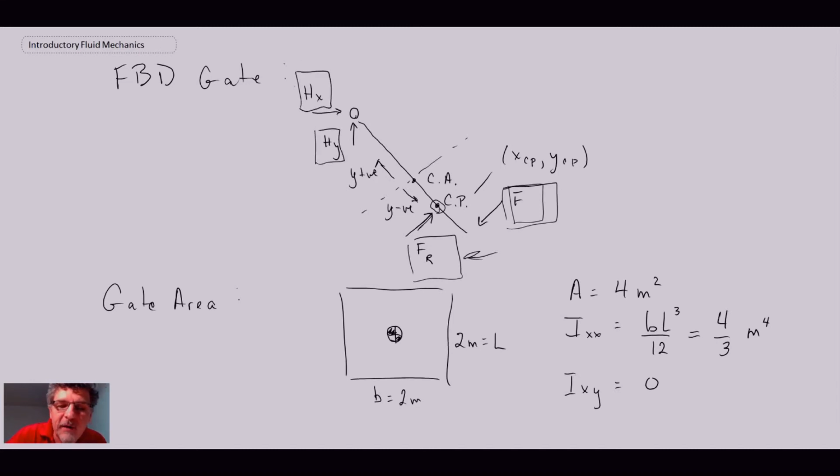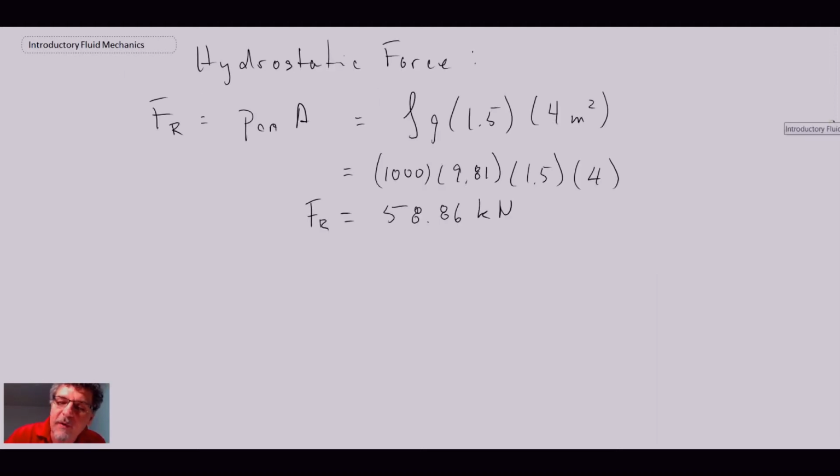I mean, we probably could solve for them, but we're lazy. We don't want to do that. We're going to sum moments about that. We don't have to worry about Hx, Hy. We know FR. We don't know F, but from this, by summing moments about H, we're then able to figure out what that restoring force is, or the force in order to hold it shut. So let's do that on a new slide just to make it cleaner.